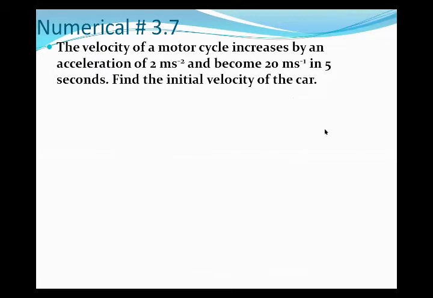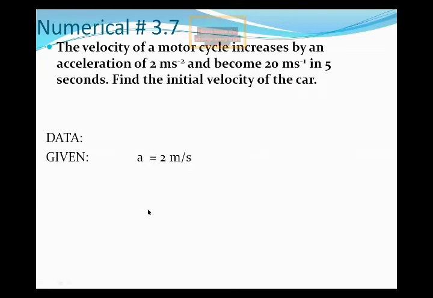Now in the data we can see that acceleration is given, because the unit is meter per second square. When the motorcycle is accelerated, its velocity will be higher. It means that this 20 meter per second is the final velocity, and this 5 second is the time.